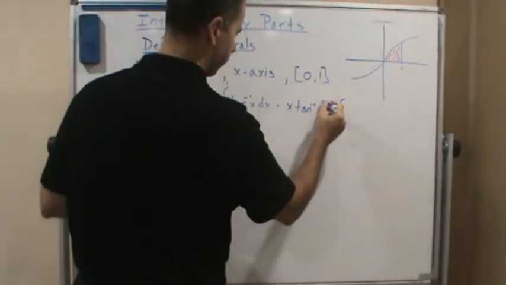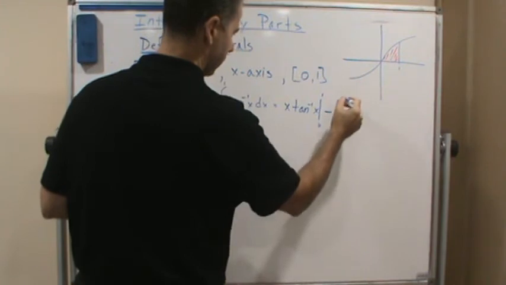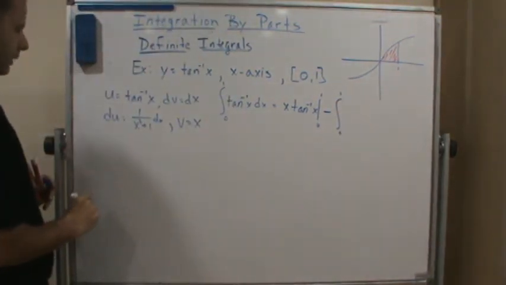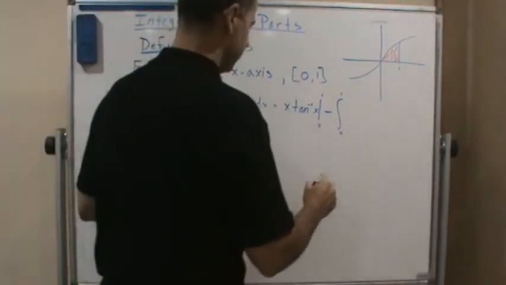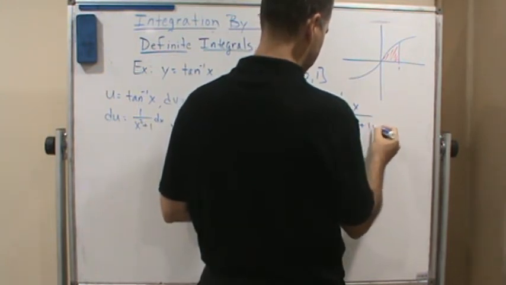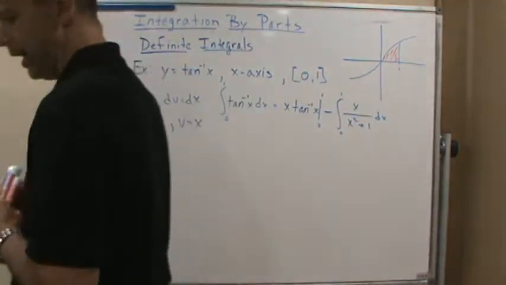Don't forget we're evaluating this from 0 to 1. And then the last integral is v du. So it's going to be this times this. So we get x over x squared plus 1 dx.